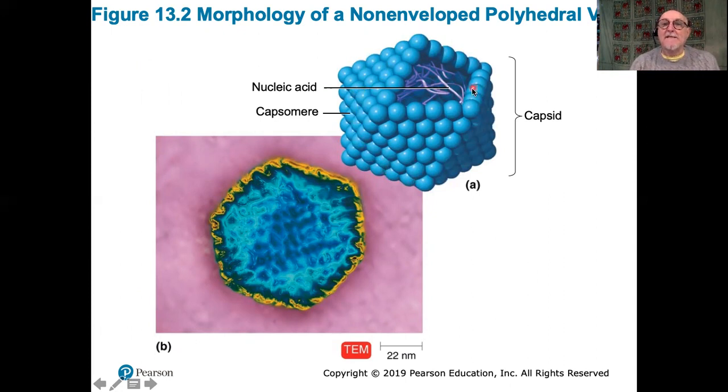And this is a protein coat made up of protein units. Each protein unit is called a capsomere. And the whole protein coat is called the capsid. Here it is in the electron micrograph here. And enclosed in that capsid is the nucleic acid, whatever it is.